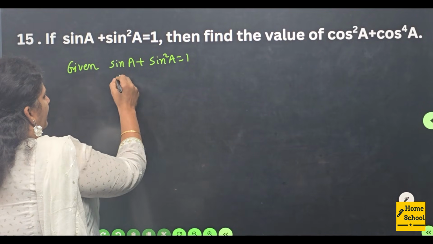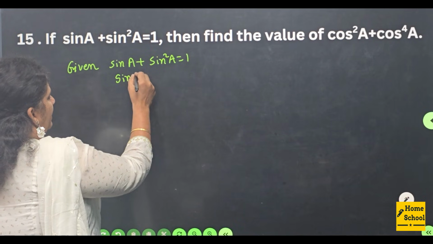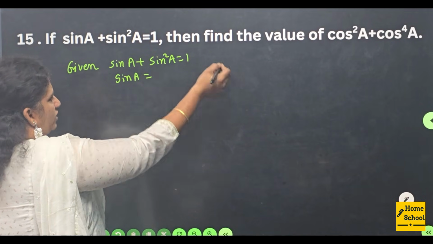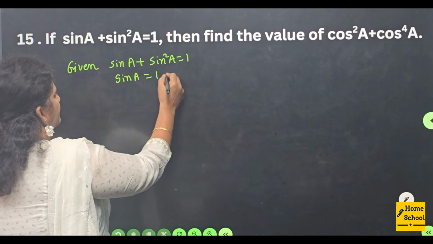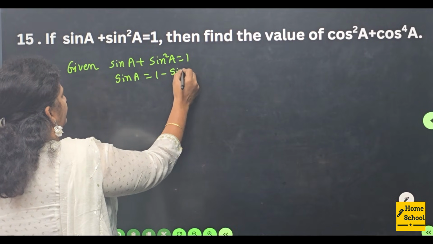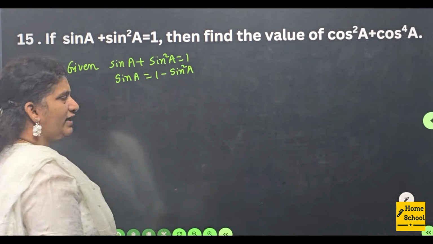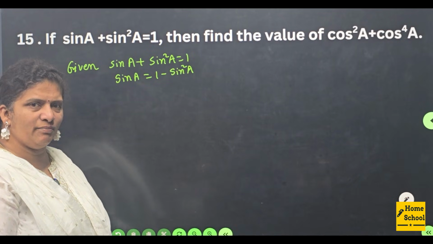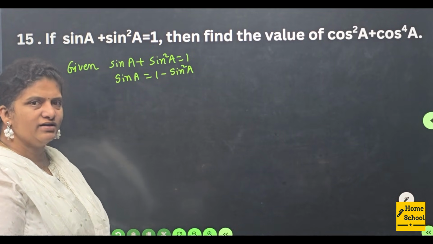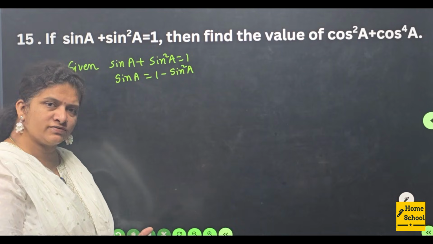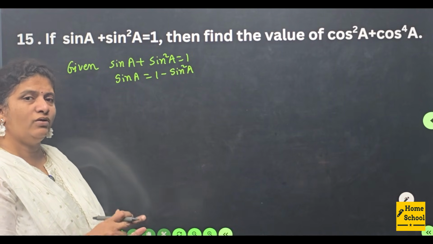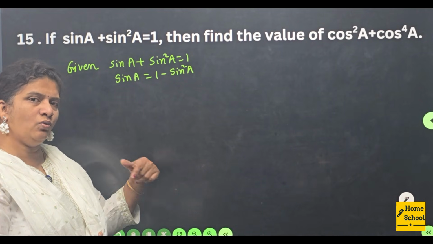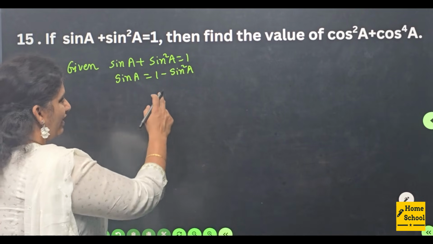Yes, I'll take it as sin A is equal to 1 minus sin square A. What is 1 minus sin square theta? By using identities you can say, we know sin square theta plus cos square theta is equal to 1. Then cos square theta is equal to 1 minus sin square theta, right?